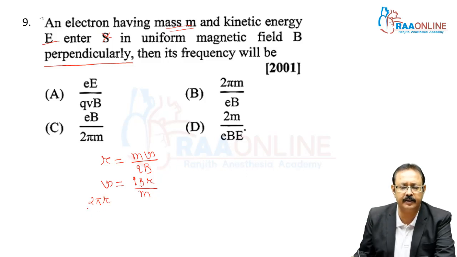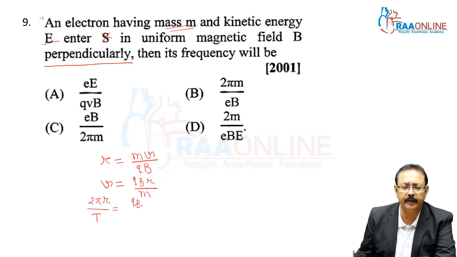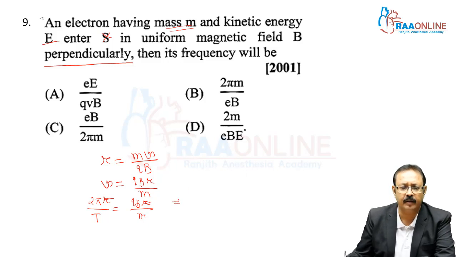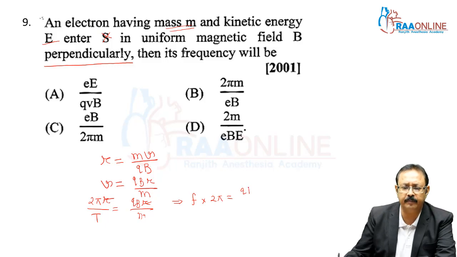If its time period is T, we can write this qBR by m. So cancel R with R, no need for this. And 1 upon T is frequency. So what are we getting? Frequency into 2 pi is equal to qB by m.